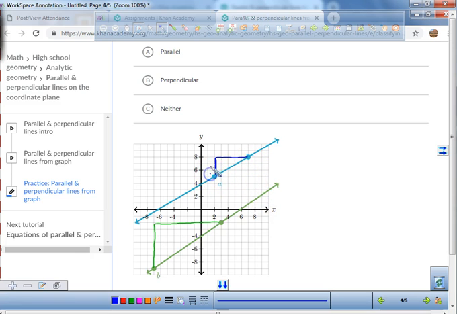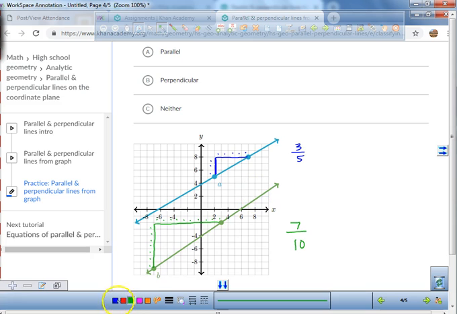They do. 1, 2, 3. 1, 2, 3, 4, 5. So this slope is 3 over 5. This one right here is at 1, 2, 3, 4, 5, 6, 7. So that goes up 7 and it goes over 1, 2, 3, 4, 5, 6, 7, 8, 9, 10. It goes over 10.